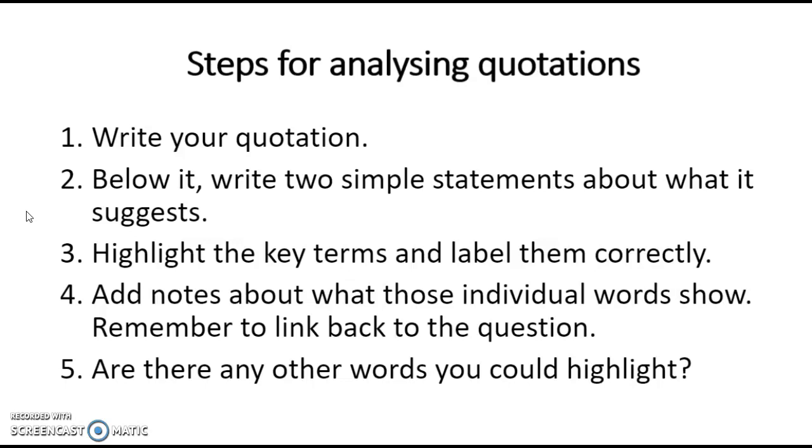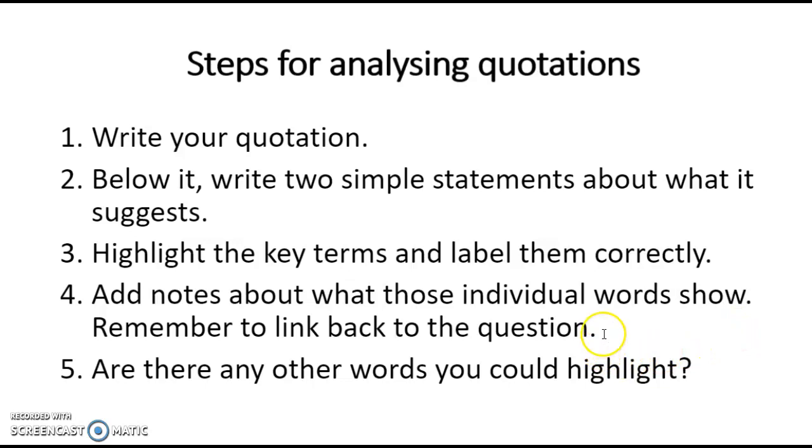Then highlight the key terms and label them correctly. So the key words you're zooming in on, you've talked about, overall what's happening, an overall statement of what's happening in that quote, but now we zoom in on it a little bit more for step 3. Highlight the terms. Can you label the terminology correctly or the devices that have been used by Priestley? And then add notes about what those words show.